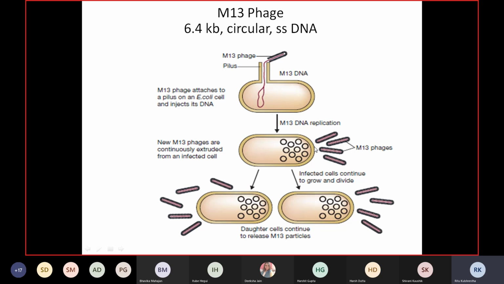If your gene of interest is made as an in-frame fusion with the P3 protein, then your gene of interest will be present on the outer coat protein of the M13 phage. Or if you make it as a fusion clone with P8 protein or P3 protein, any of these, it will be present on the outside of the M13 phage.